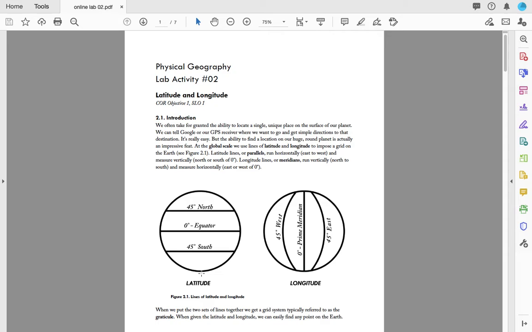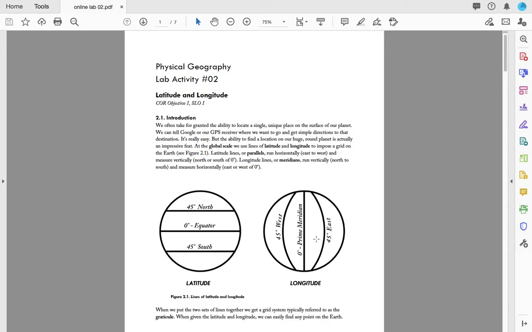Hopefully that makes sense. Now longitude, these lines run in the opposite direction. Okay, so they're vertical right here, right? Meaning they run from north to south, but they're going to measure east or west. Right? And we start with the prime meridian, so that gets a value of 0 degrees as well.